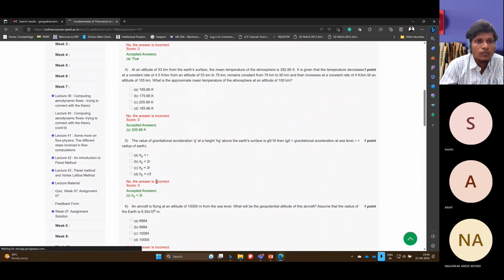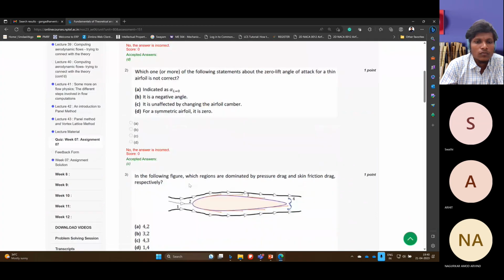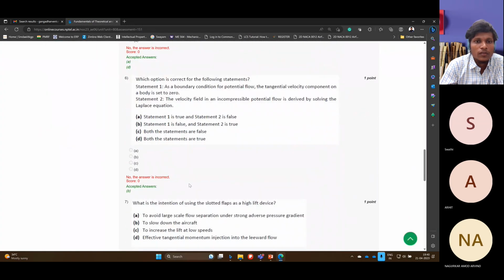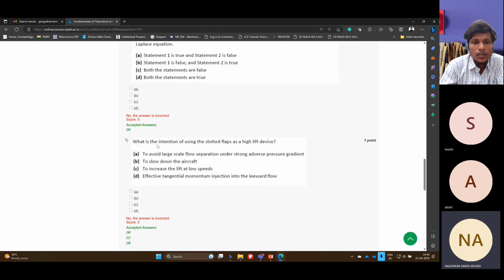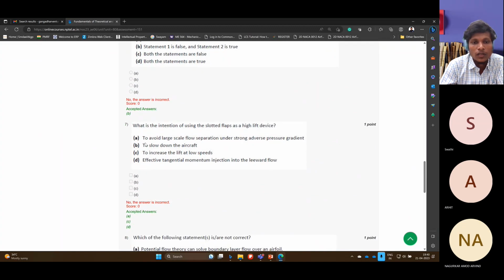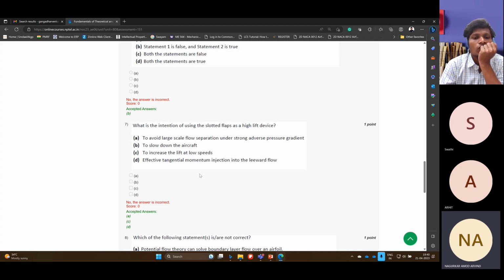Okay, so we are in the same assignment. What is the intention of using the slotted flaps as a high lift device? To avoid large scale flow separation under strong adverse pressure gradient, then increase lift at low speeds, okay.